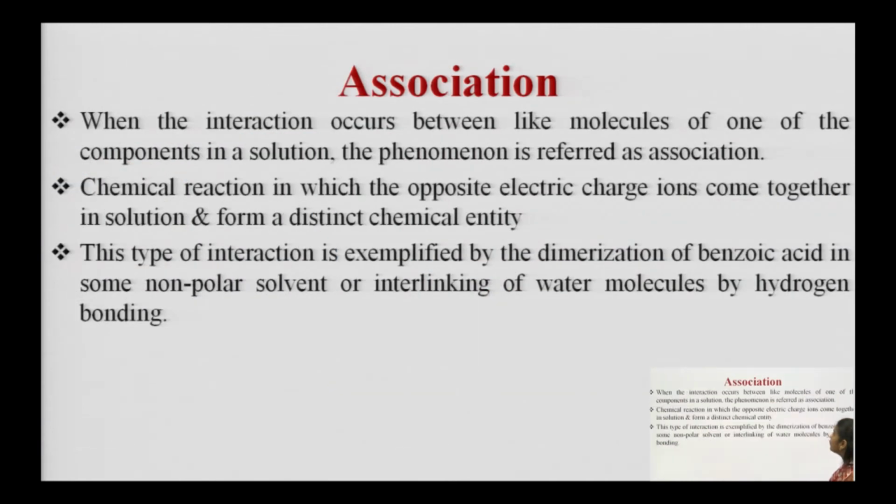Okay. Now, we will come to association. What happens in case of association? We studied that in solvation the solubility of the solute in the solvent was favored, but in case of association, the like molecules will form association with each other in a solution, and this is referred to as association.